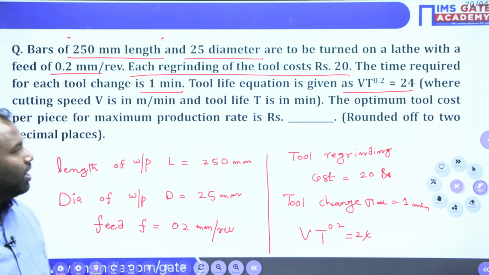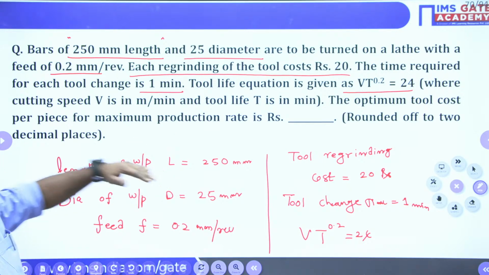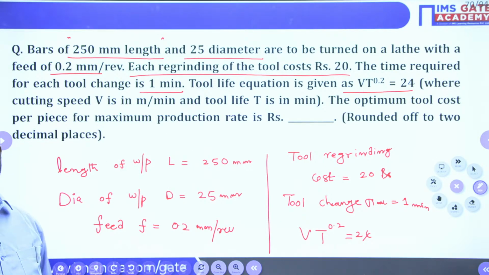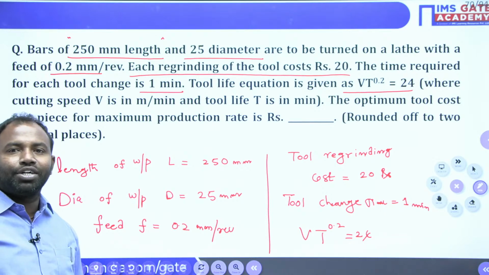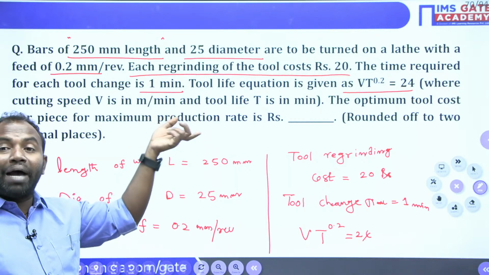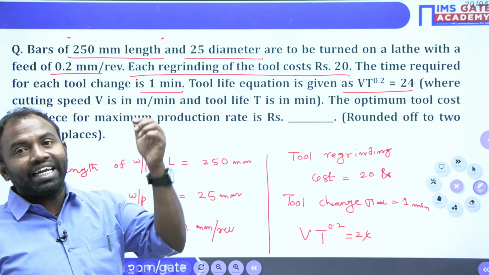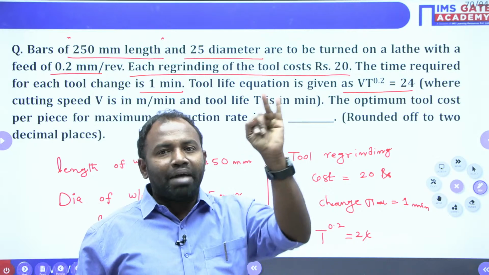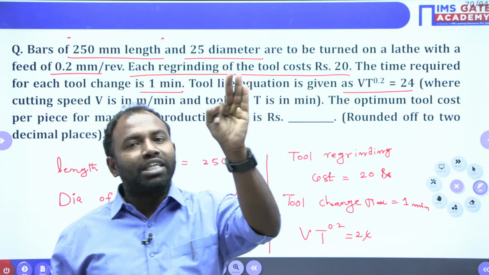Yes, guys. Now we have to find the optimum tool cost price for maximum production rate. So based on that, you are supposed to calculate that. We have 3 criteria: minimum cost criteria, maximum production criteria, and maximum profit criteria.